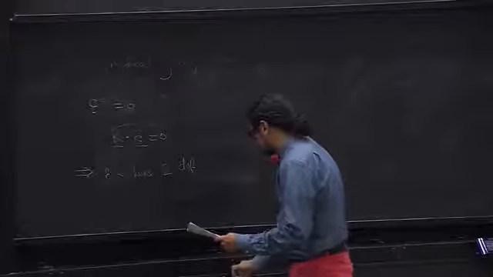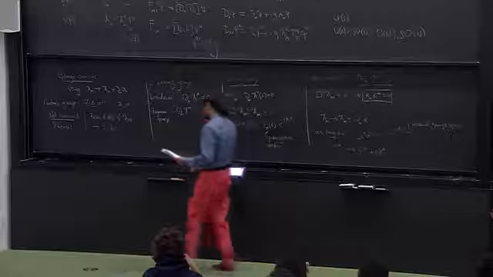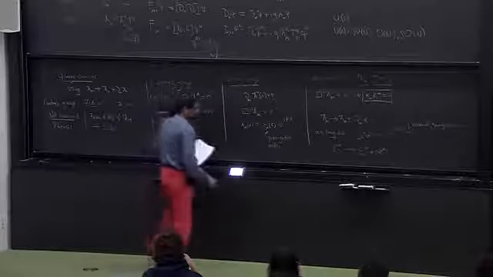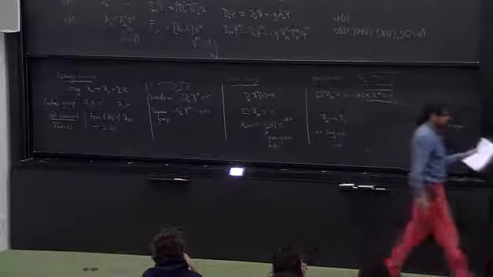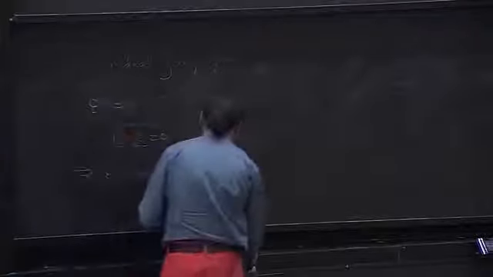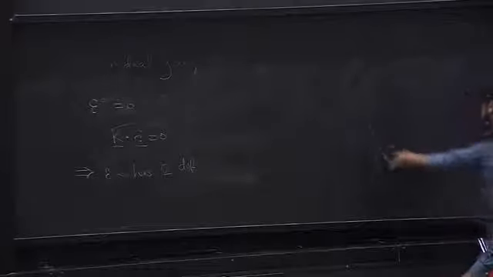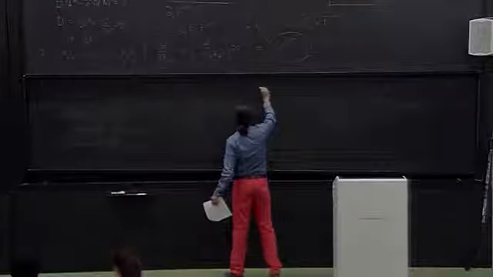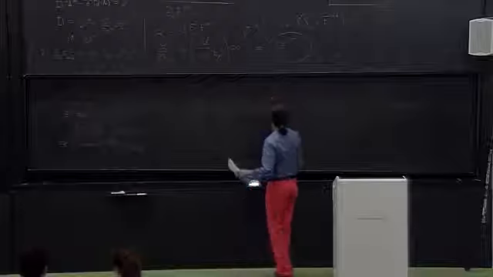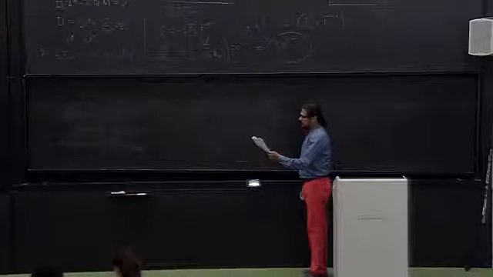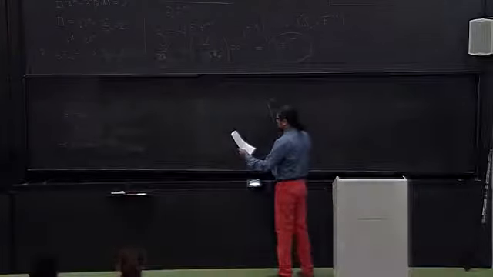So what is the interpretation of the gauge conditions? There's a nice picture. Suppose you have some space. Let's call it big G. And it's a space of all solutions.